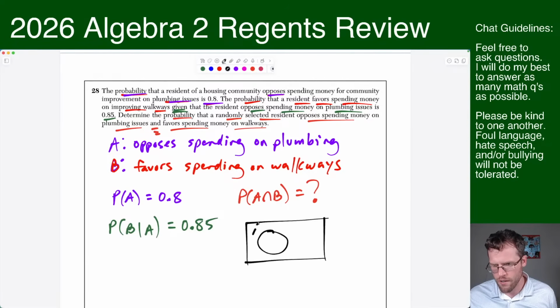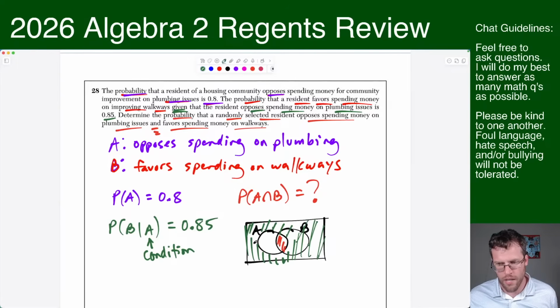If you have A and you have B, the probability of A and B would be over here. But they're telling you over here in green the probability that B occurs given A has already occurred. So if we're restricted to just A, this is the condition. That tells us we could eliminate everything else, everything that's not A, because A is happening. So how do I combine these three?